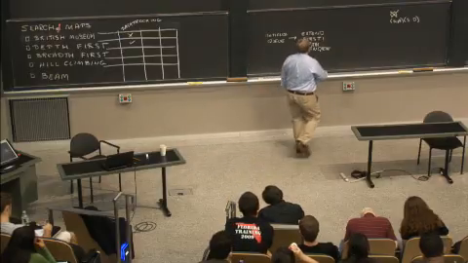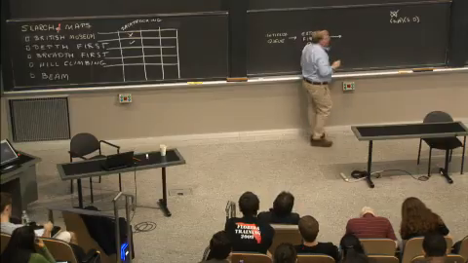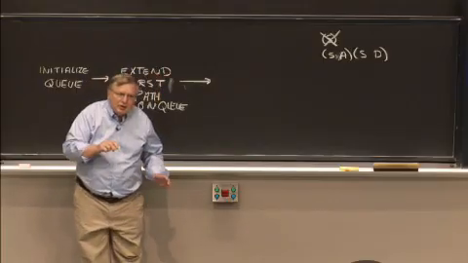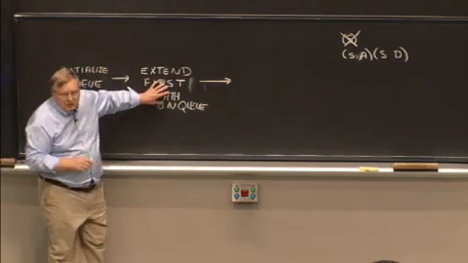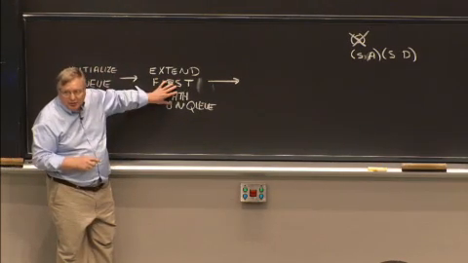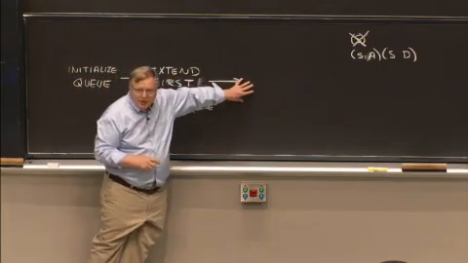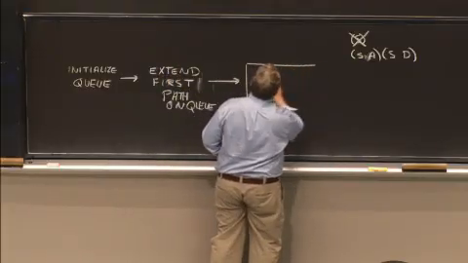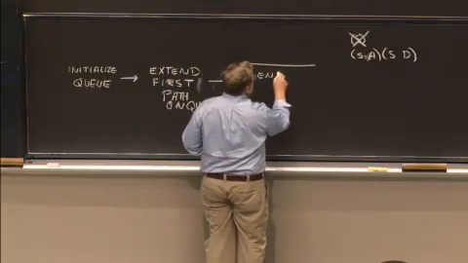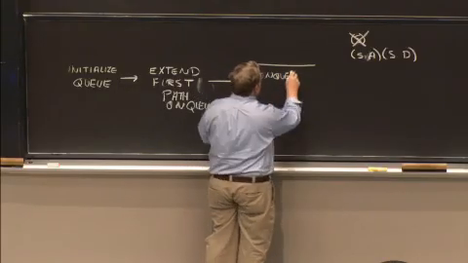After I've extended the first path on the queue, I have to put those extended paths onto the queue. In here, there's an explicit step where I check to see if that first path is a winner. If it's not, I extend it, and I have to put those paths onto the queue. So I'll say that what I do is I NQ, E-N-Q-E-U-E.